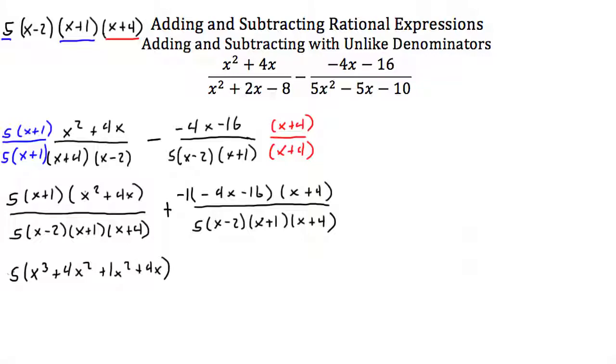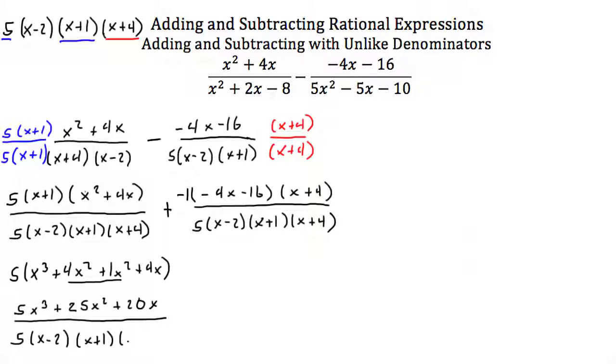If I distribute in that 5 and combine my like terms, I'll end up with 5x cubed plus 25x squared plus 20x. And this is all still over 5 times x minus 2 times x plus 1 times x plus 4.